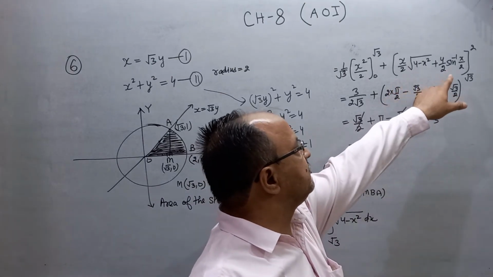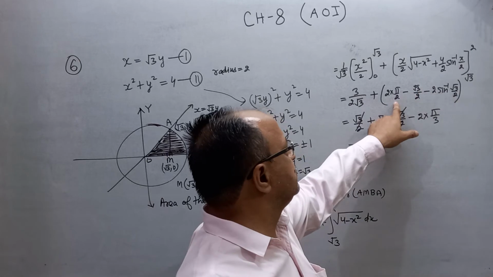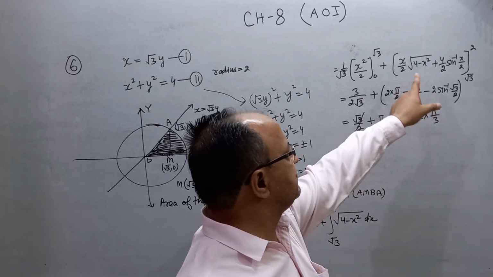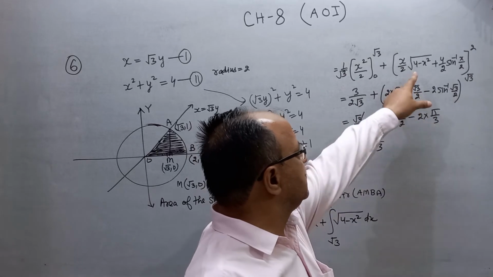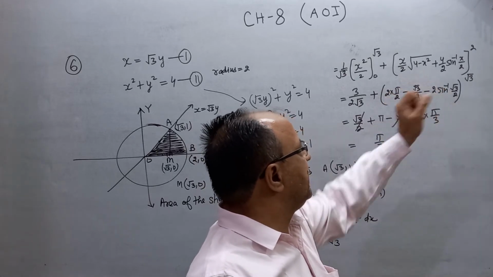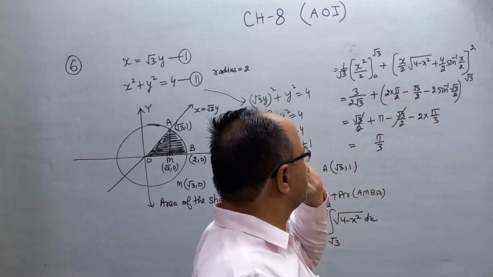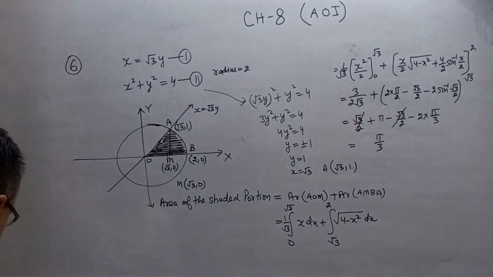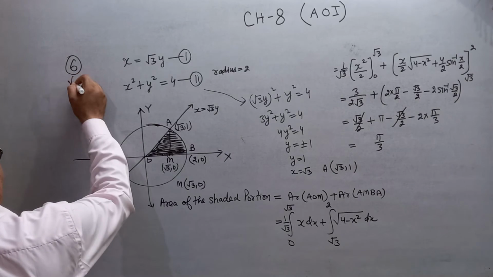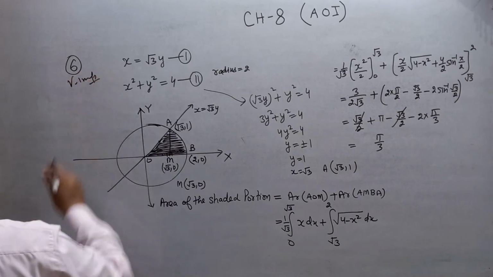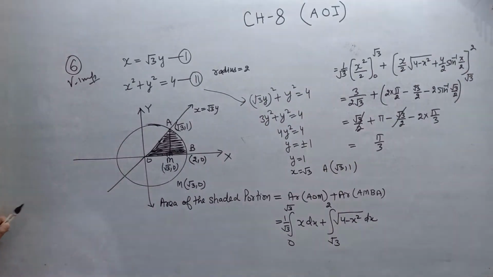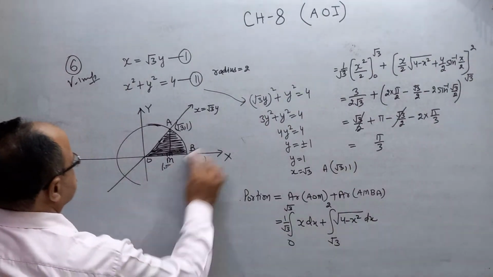And sine inverse 1 you know is pi by 2, into pi by 2 minus lower limit, when you put here root 3 by 2, this becomes 1 minus twice sine inverse root 3 by 2. Okay, this is the solution of this question. The question is very, very important. In this exercise, there are two questions which are most important: question number 6 and 10.